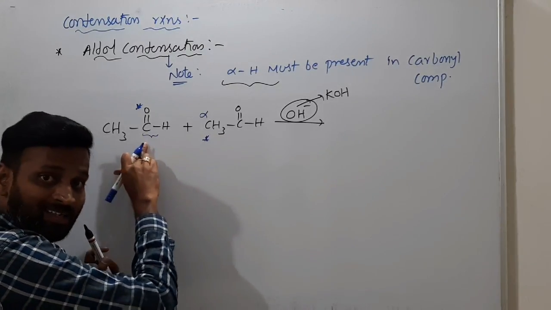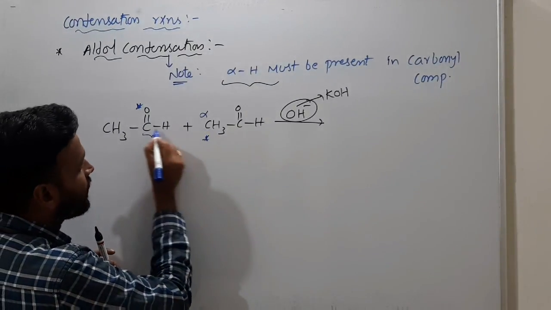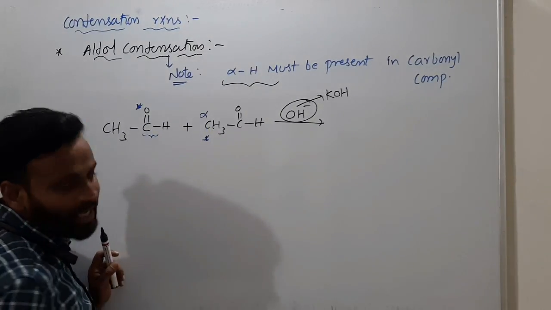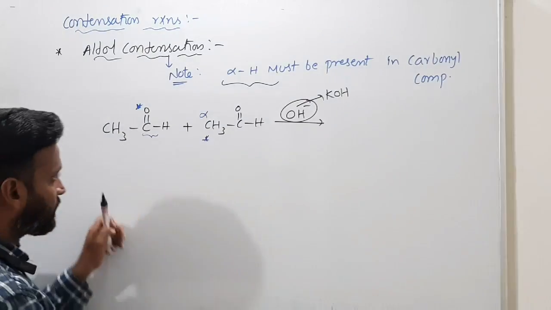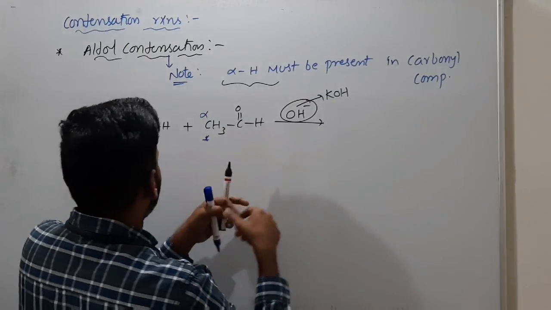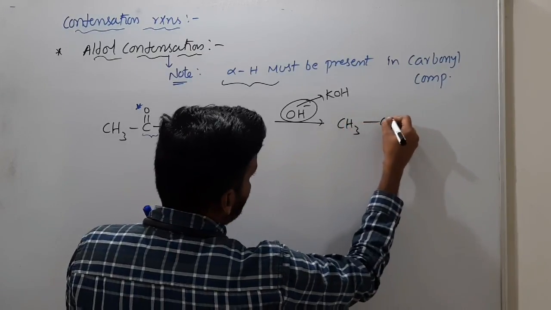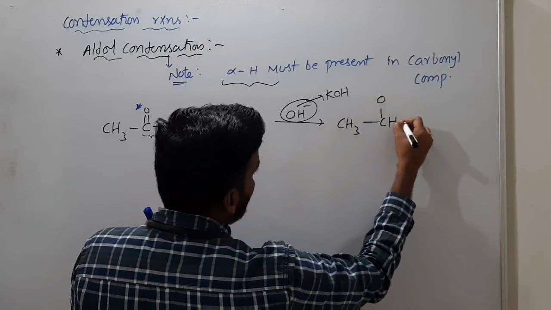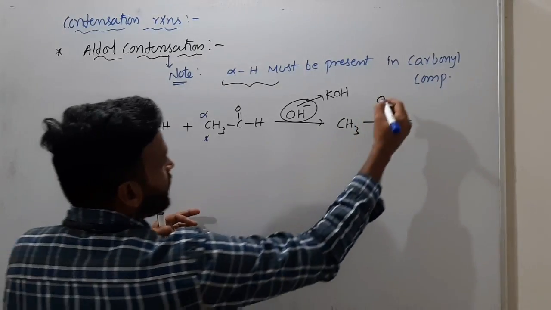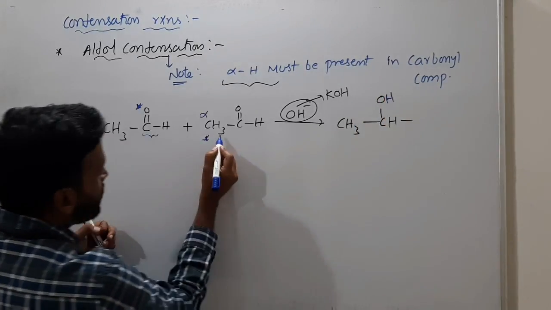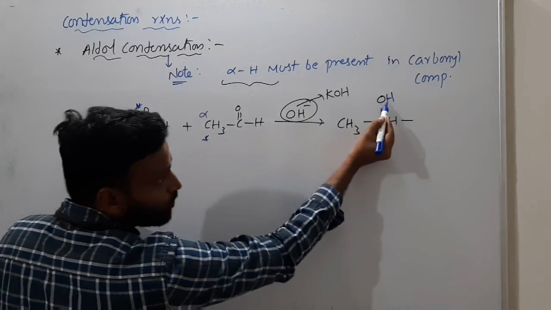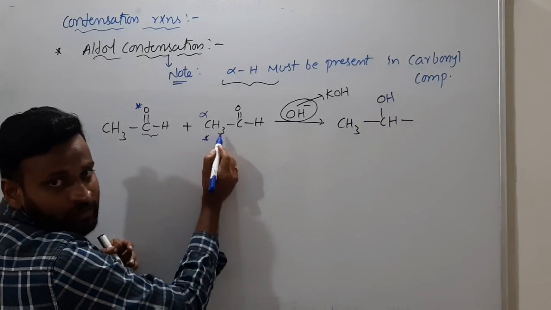And this alpha carbon will form a new bond with the carbonyl carbon of another aldehyde. First you write this down. What you have to write: CH3 CH, and here O, and this is OH. This hydrogen is from here.